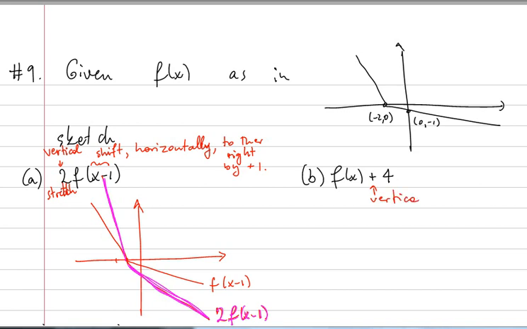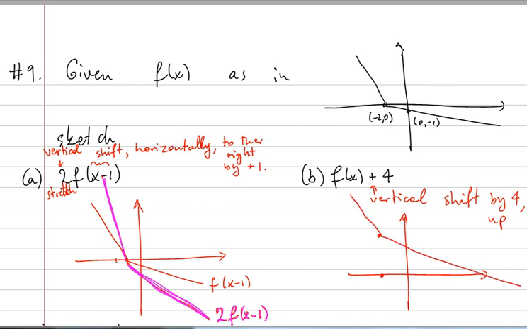Vertical because it's after f, it's not inside f, next to x. Vertical shift by 4 up. So the point -2, 0 is gonna be the point -2, 4, and we're gonna have something like this.